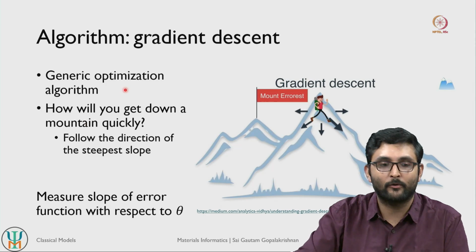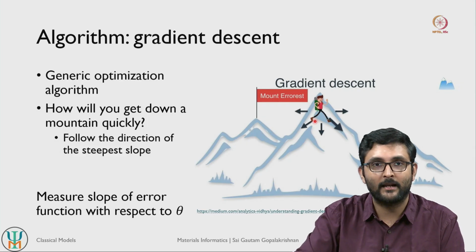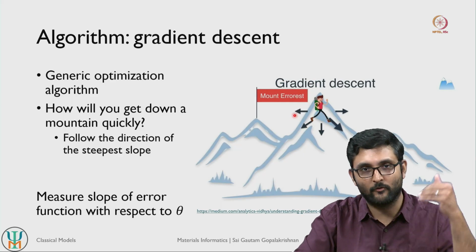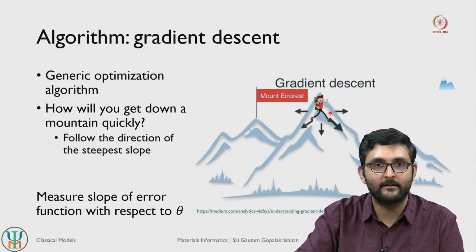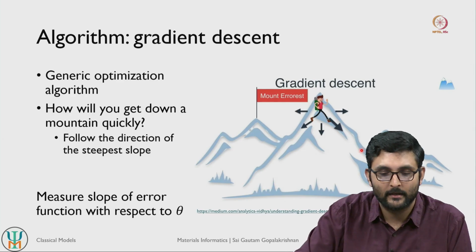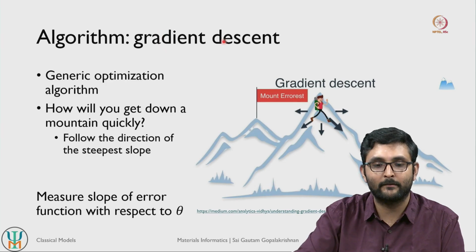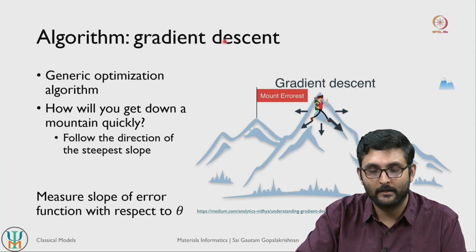So you calculate the gradients along different directions, the slopes as the mountain height is decreasing along different directions, and then you evaluate which of them has the largest slope, and then you pick that direction and walk along that slope. That in essence is what happens in gradient descent. You calculate the gradient, pick the maximum gradient, and then descend along that direction.